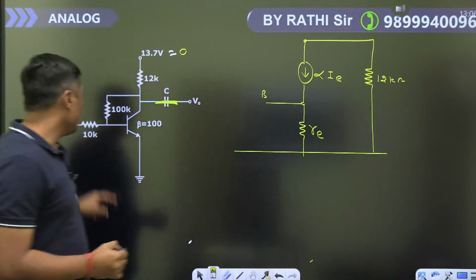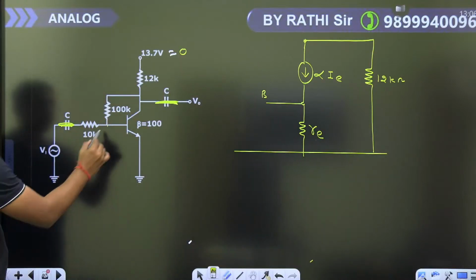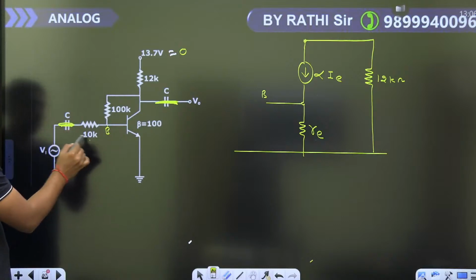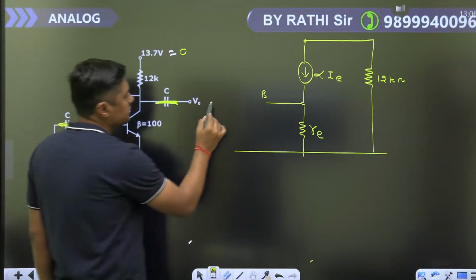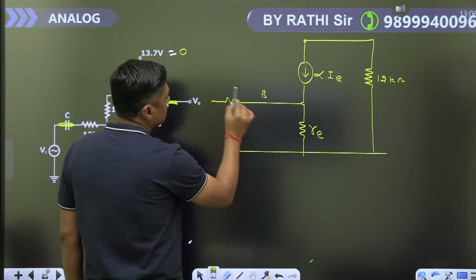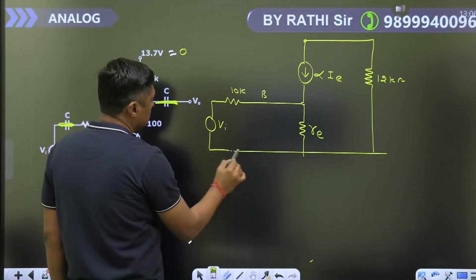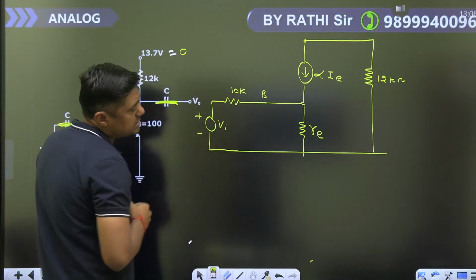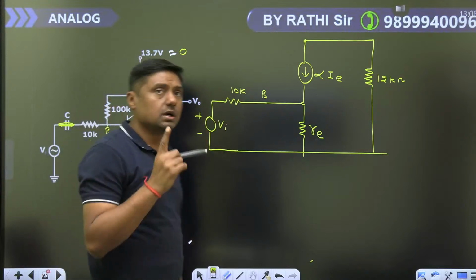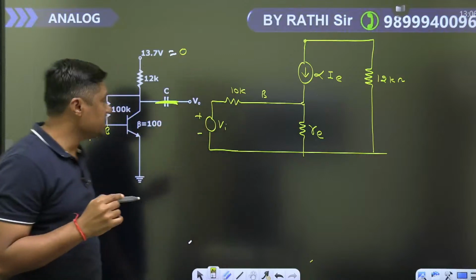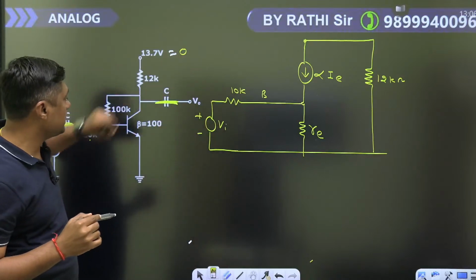Right? Now, watch this. This is the base. Base to ground, 10 kilo ohm and VI is connected. Now there is one problem. There is one resistor connected between what? Base and collector.